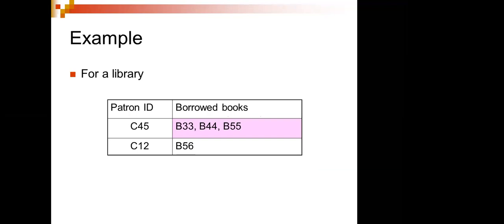Here C45 is the person who has taken 3 books. That means he borrowed 3 books from the library. Then C12 borrowed 1 book. Whether he borrowed 3 books or 5 books, the definition in normalization says each should have only a single value. So it should not have multiples.